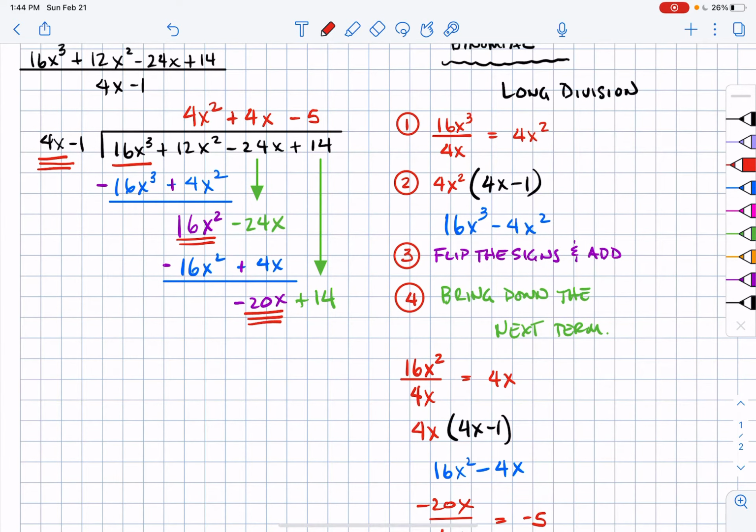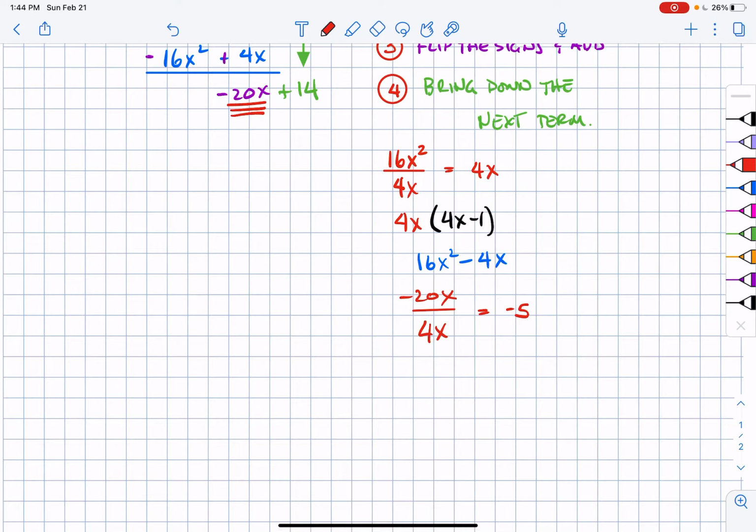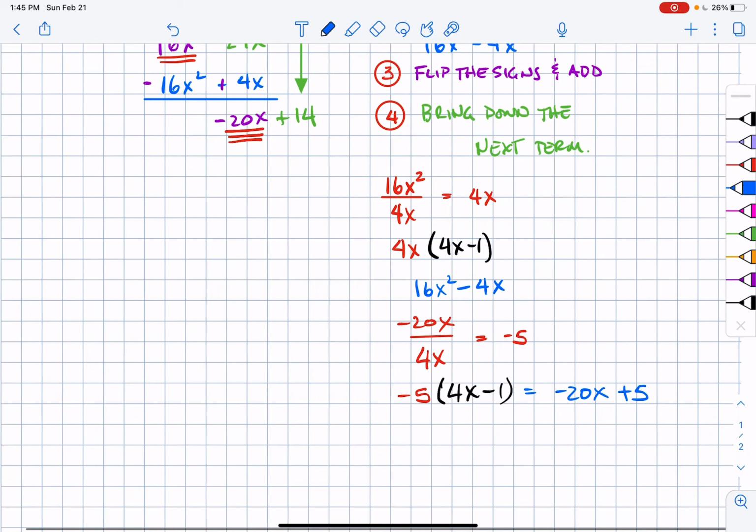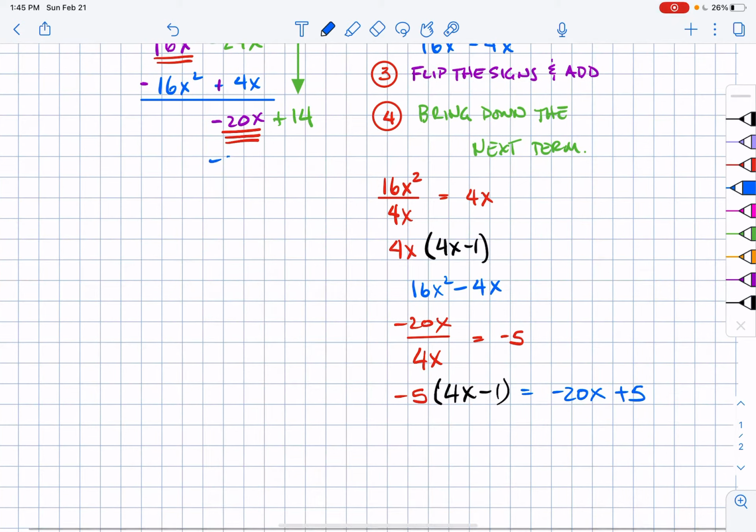Then I take that negative 5 and multiply by the 4x minus 1, and I get negative 20x plus 5, because I have to distribute that negative 5. So I'm going to write up here negative 20x plus 5.